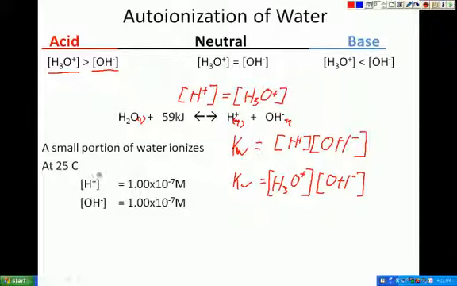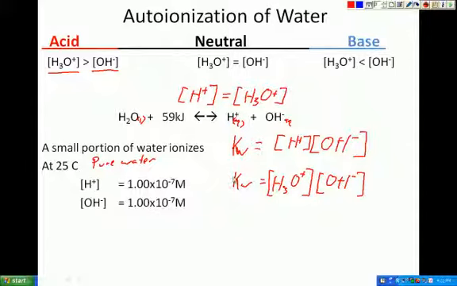Now, it's been found under test that at 25 degrees, the concentration of H plus in pure water, so make sure to remember that this is pure water, the concentration of H plus at 25 degrees is 1.00 times 10 to the minus 7, and the concentration of OH minus is also the same.